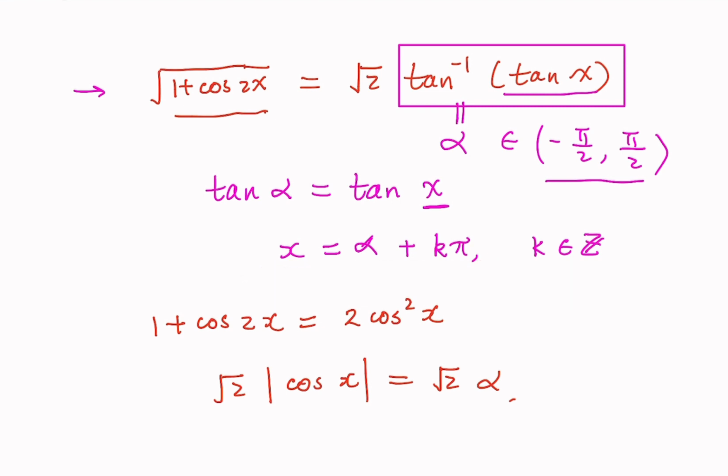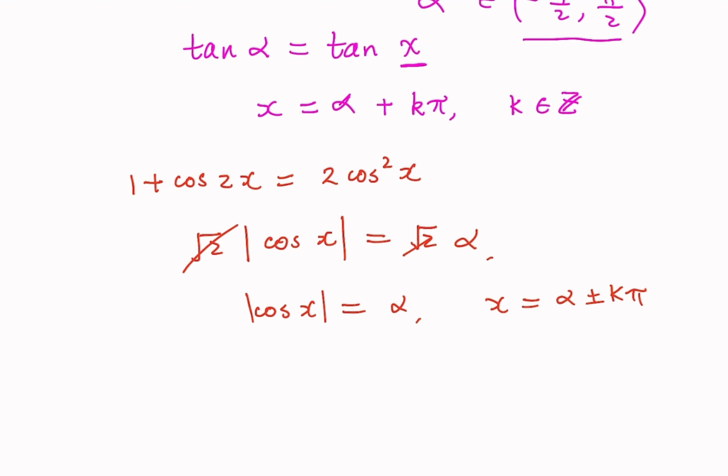All right, so with this equation, what can we do? Of course, let's cancel square root of 2. So we get the absolute value of cosine x equal to alpha, where x has to equal alpha plus k pi. You can just use plus, because k can be negative integers here.